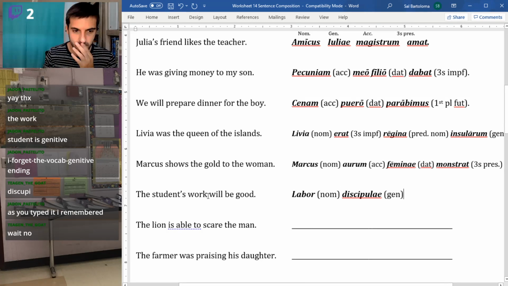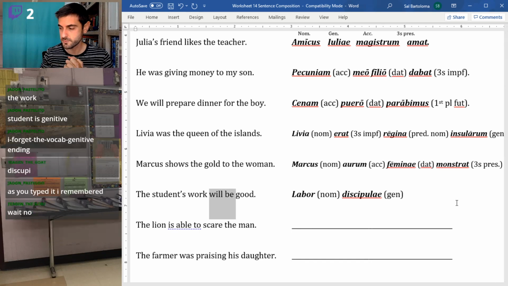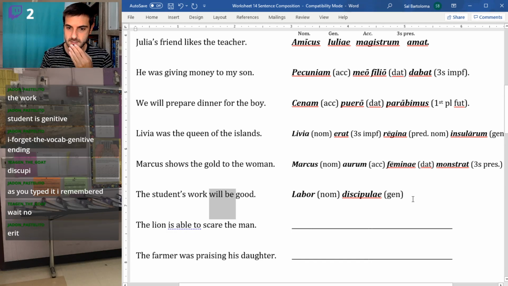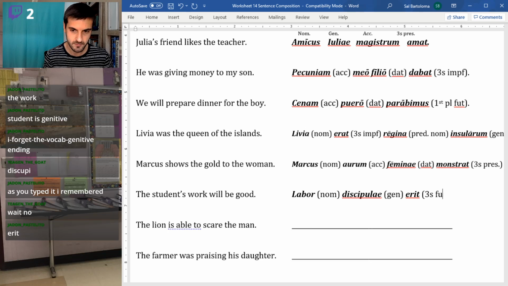So the student's work will be good. So how am I going to say will be? The work will be. So another irregular form of sum. Erit, fantastic, because it's the work will be. That's third singular future.